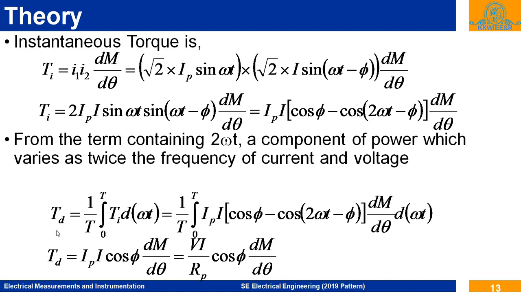The deflecting torque Td is equal to 1 upon T integration from 0 to T of Ti d omega t, the integration of the instantaneous torque from 0 to T. Now we substitute this Ti: 1 upon T, integration from 0 to T, of Ip I in square brackets cos phi minus cos of 2 omega t minus phi, dM by d theta d omega t.